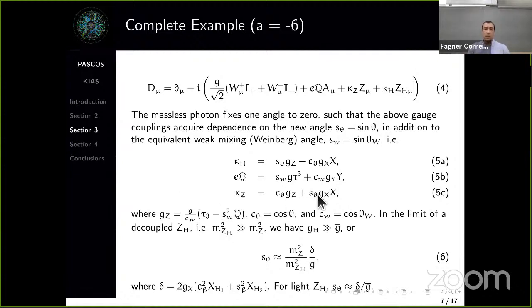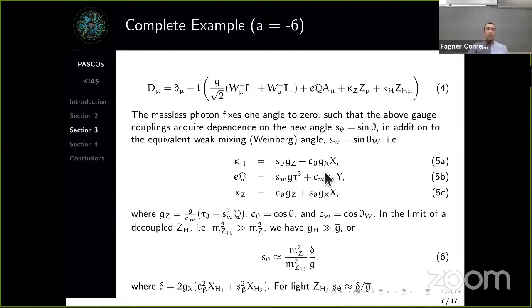So we see that theta is supposed to be a small parameter, such that the couplings between Z and the standard model fermions are not disturbed too much.